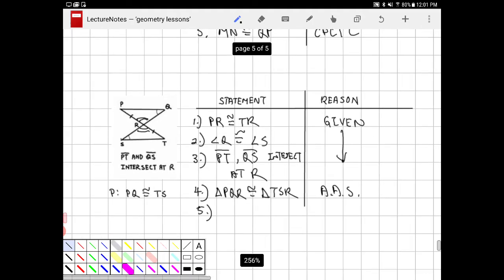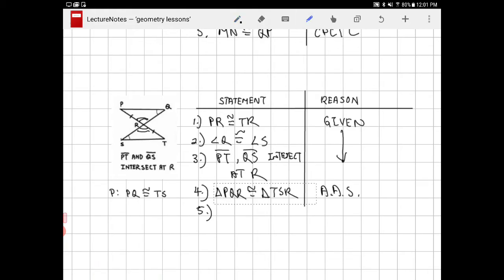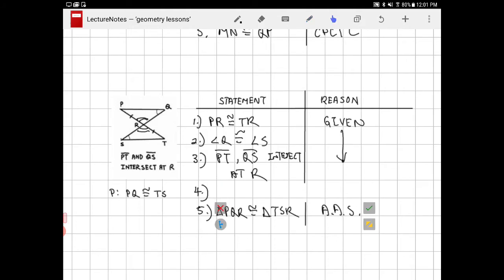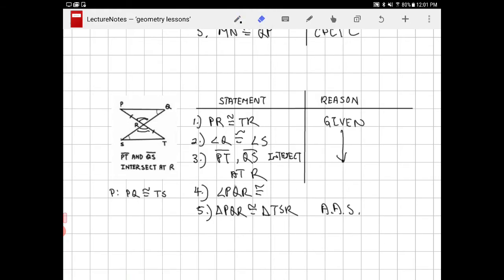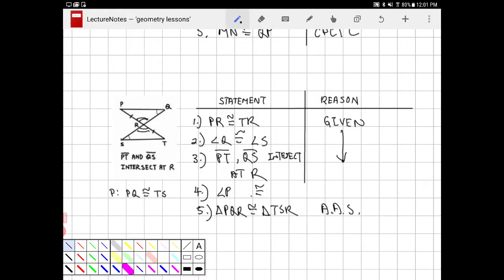And then for my fifth statement, I can immediately jump to saying, well, actually, no, I got a little ahead of myself. This should actually be the fifth statement because I said it aloud, but we needed one additional angle, which was angle PRQ is congruent to angle TRS, and this is because of vertical angles.